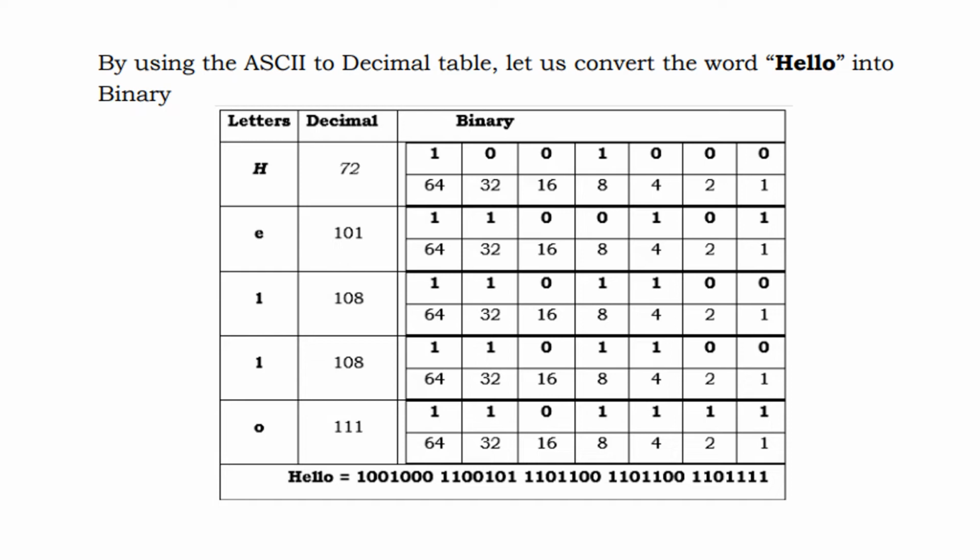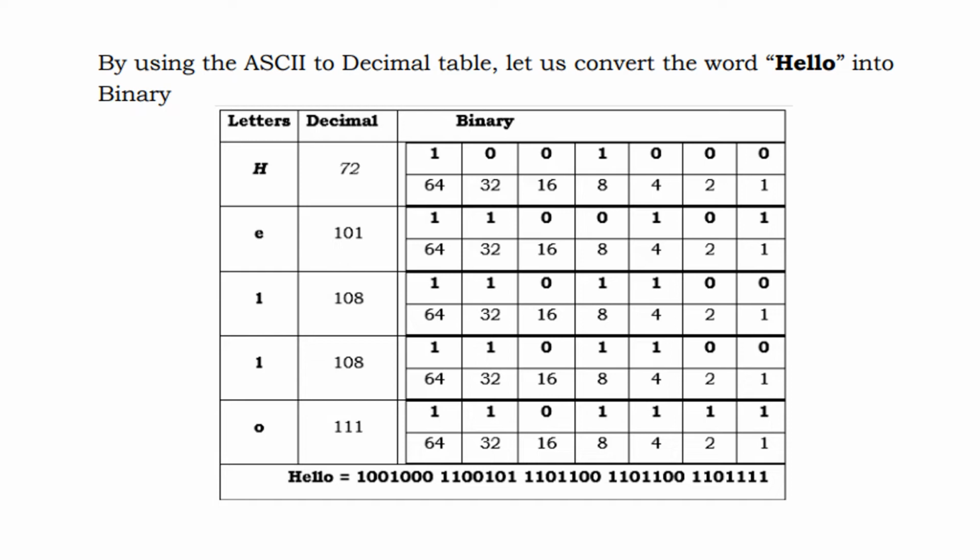Another L is equal to 108. O is equal to 111. Let us convert 72 to binary.